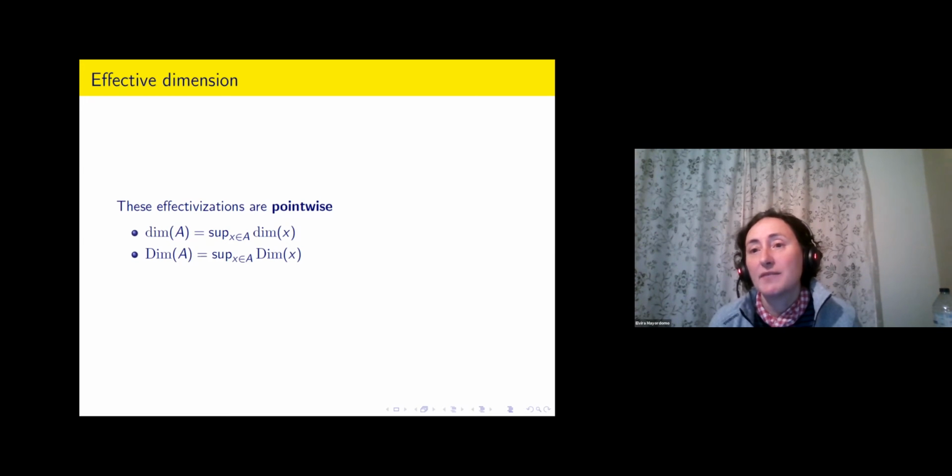This is one of the advantages of being at the lower semi-computable level. Universalities exist and no problems there. This is slightly different when you try other levels of effectivization in which we have worked in the past, but I may not mention that so much. But this idea of being point-wise does not always happen at every resource bound level. I wanted just to tell you that.